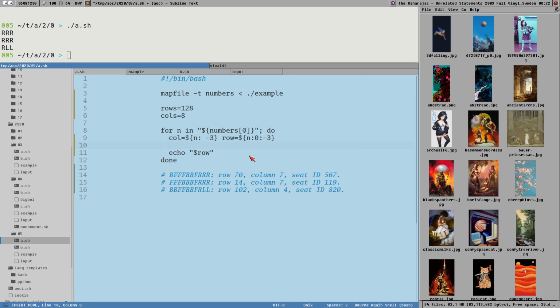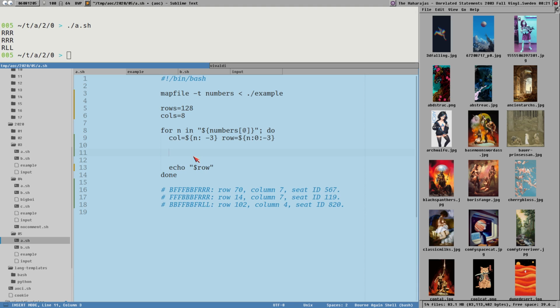Okay, we got col, we got row, and then I guess we loop this, or we parse this 6 times, right? 6, 7 characters. Let's do this.